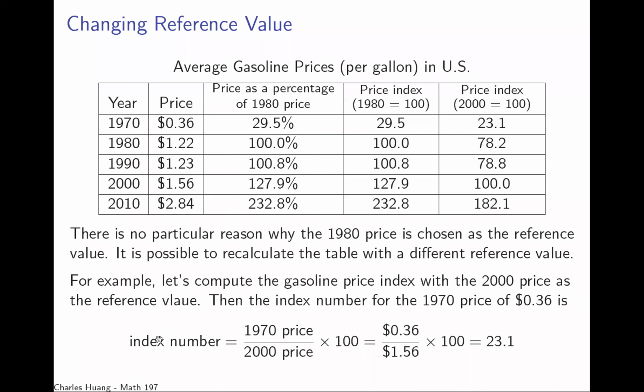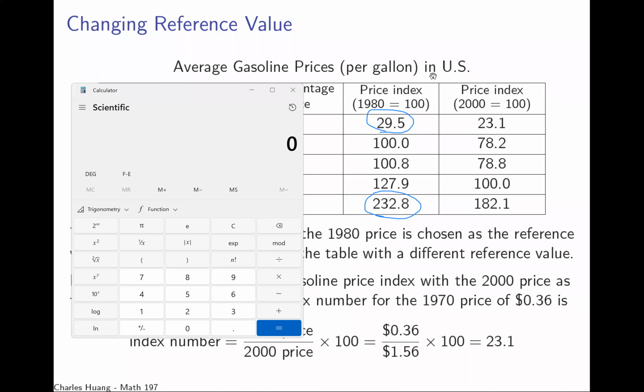But what you'll notice is that the index numbers are there to tell us how the number changes. So if I compare, say, 29.5 and 232.8, if we use our calculator, I do 232.8 divided by 29.5, and this gives me 7.89.